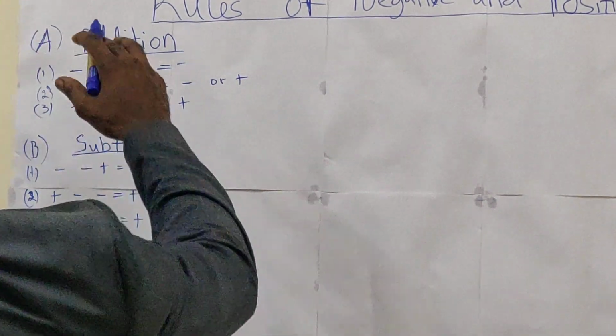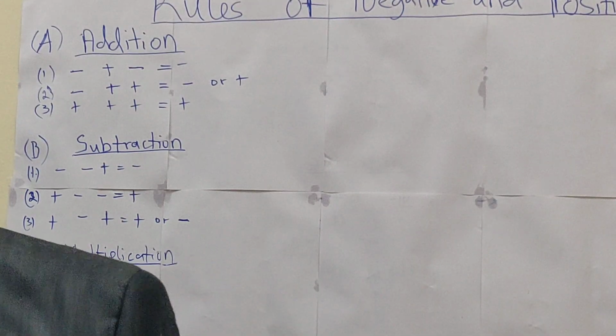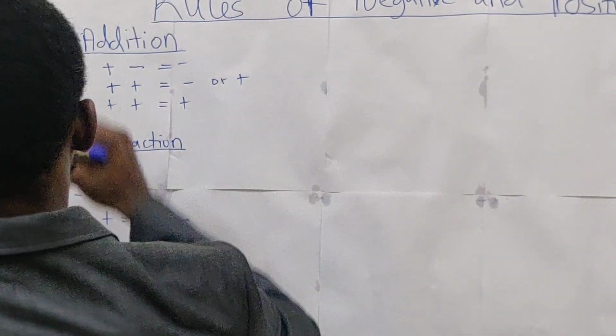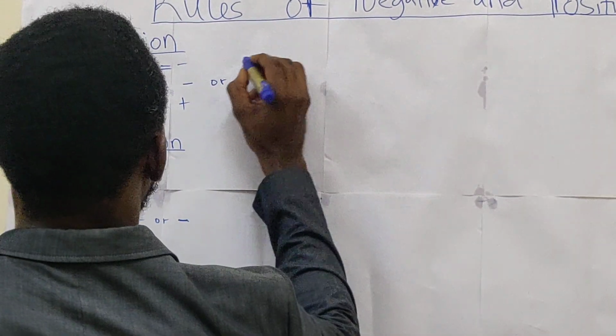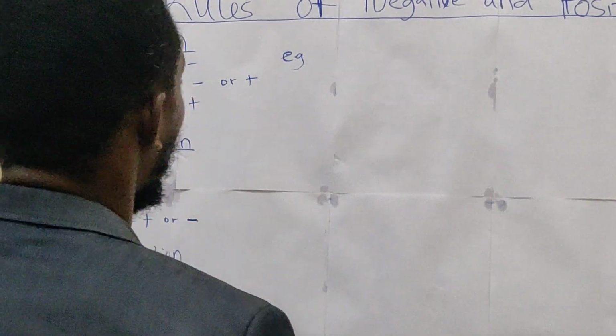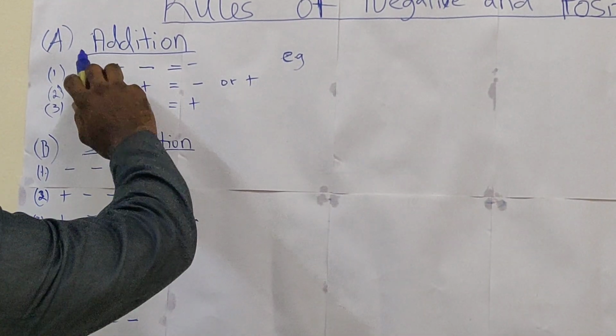So, okay, let's look at examples. Then we are going to look at division also. So, the first one, with addition, let's look at the example. Okay, so let's proceed. We have the addition.